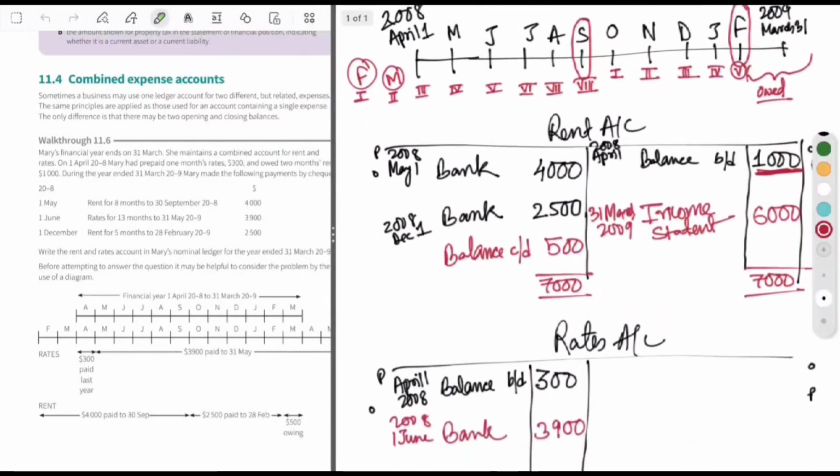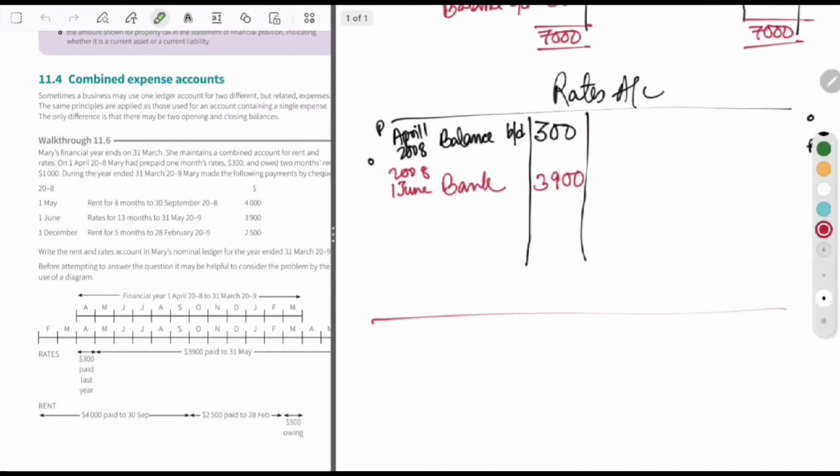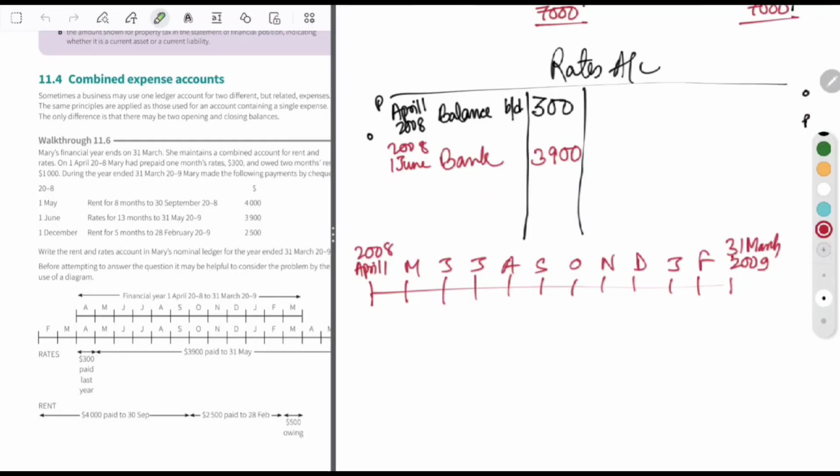Now when we talk about rates, the accounting period has become very much patchy here. Let me draw once more. This is 2008. Okay, I have drawn the accounting period. See, rates of 1 month had already been paid previously. That means April had already been paid.